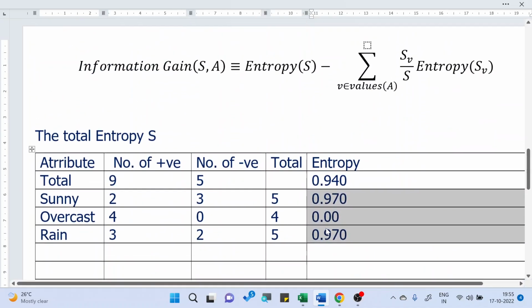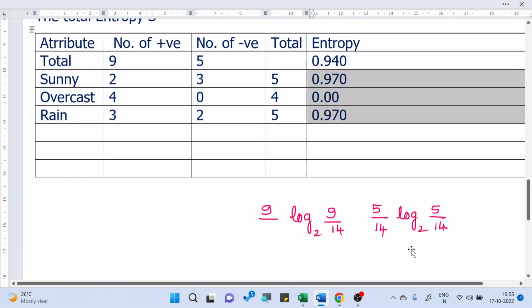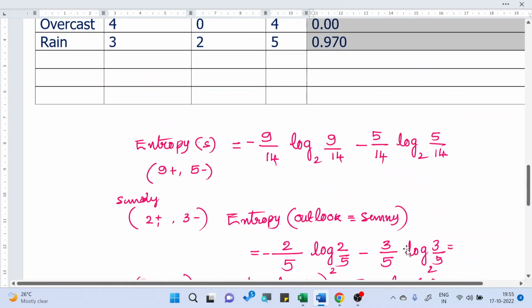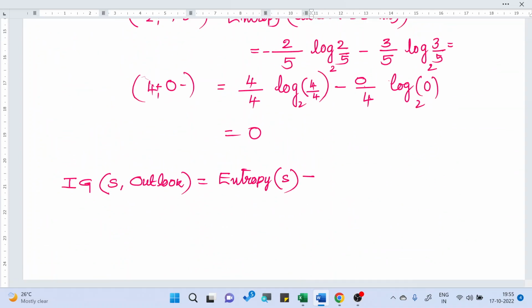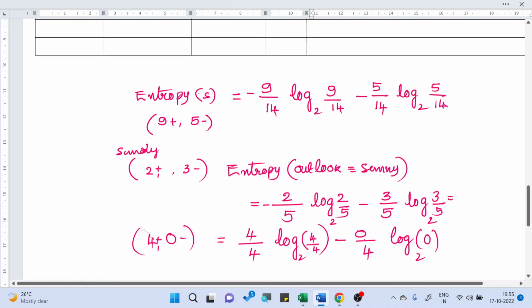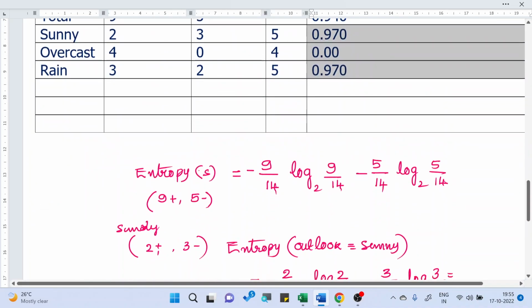The formula is SV by S. Now the first one is sunny. What is the number of sunny examples? 5 examples out of 14 into the entropy of sunny. What is the entropy of sunny? 0.970.